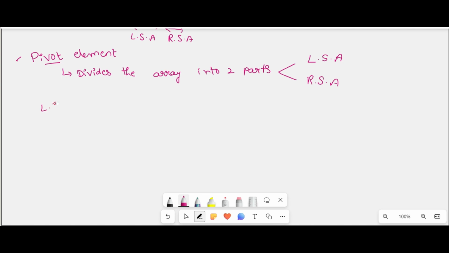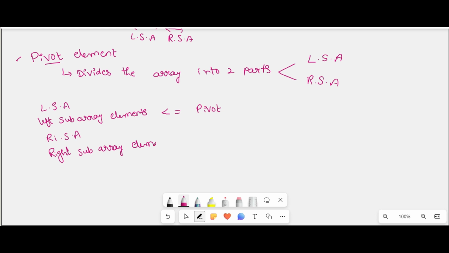Left subarray elements are less than or equal to the pivot element, and right subarray elements are greater than the pivot element.